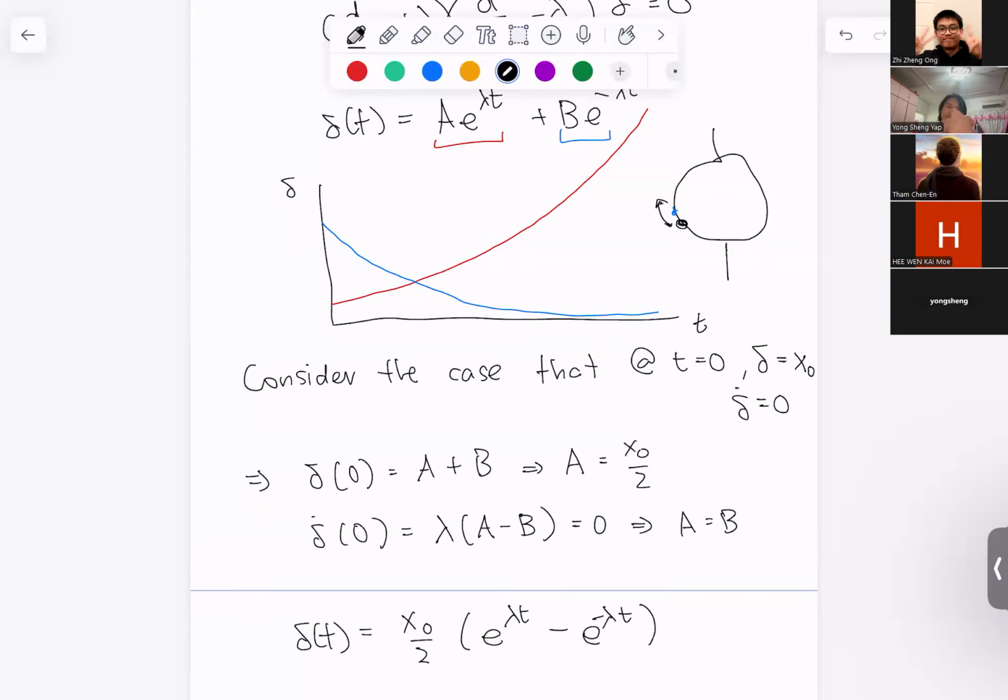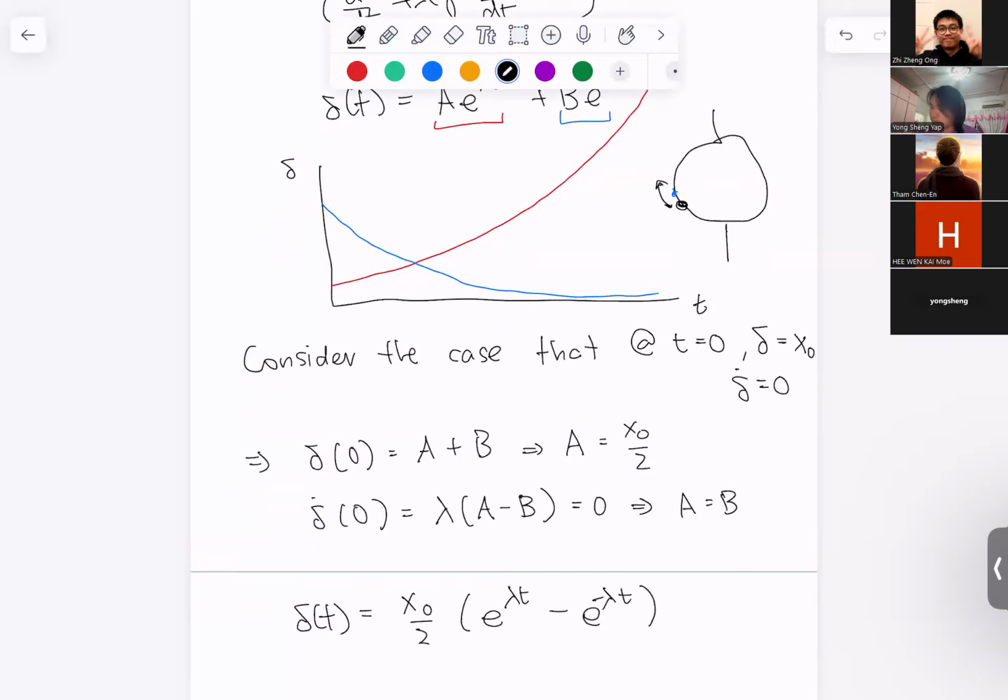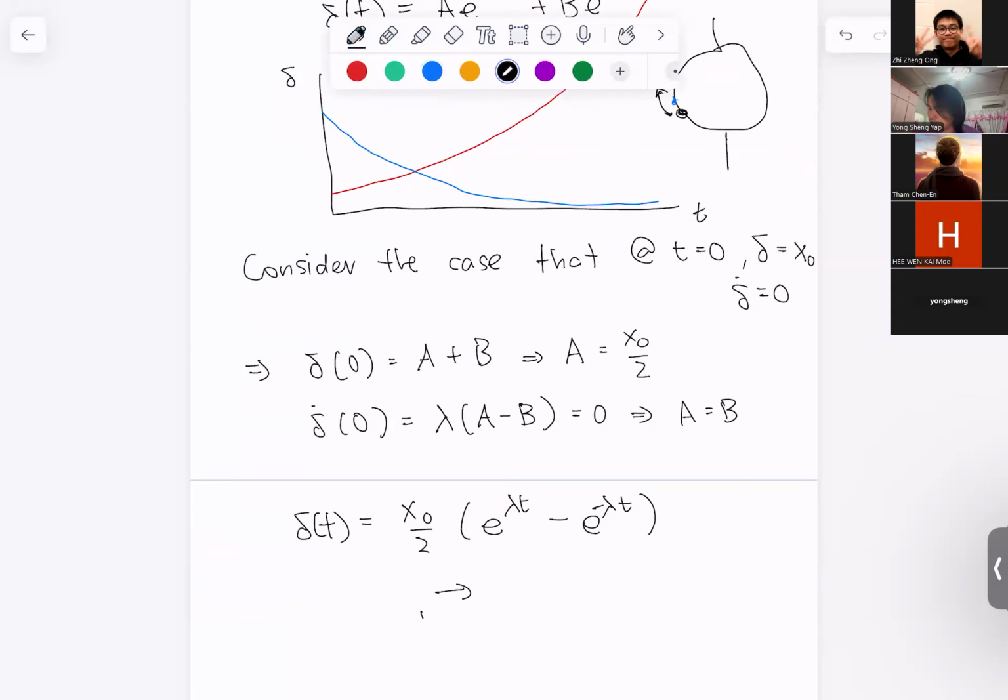What happens is that it just goes exponentially far away. Because this thing at large t is basically just e to the lambda t, because the other term has died down to almost zero, and this thing just goes exponentially far away from the equilibrium point.